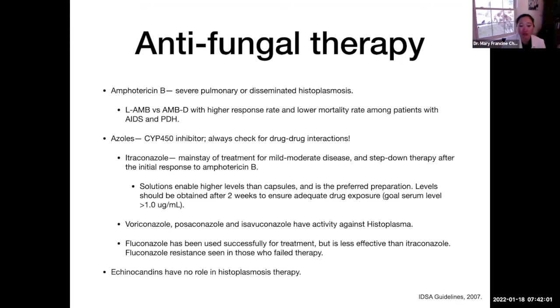So we always have to be very cautious for drug-drug interactions. Among the azoles, the number one that you will use to treat histoplasma is itraconazole. And that's really the mainstay of treatment for mild to moderate disease. And it's the one that's used as step-down therapy after the initial response to amphotericin B.